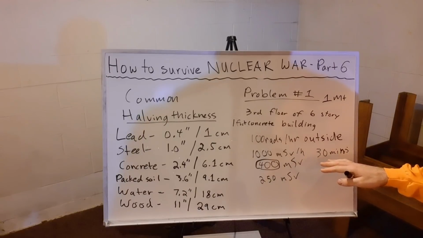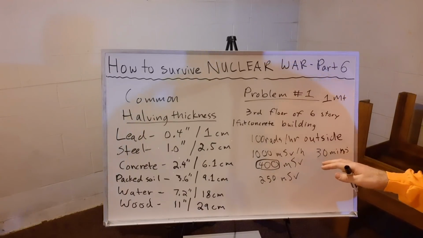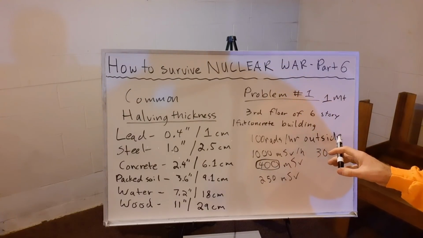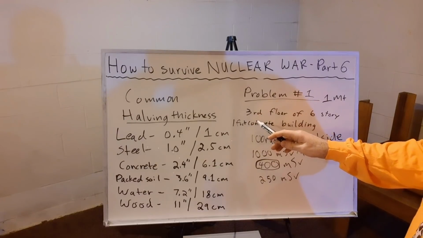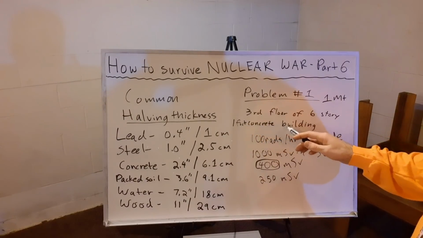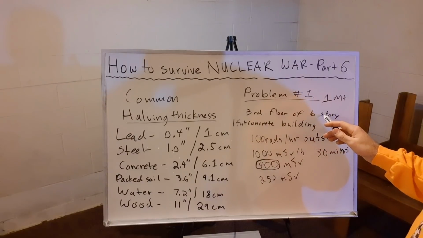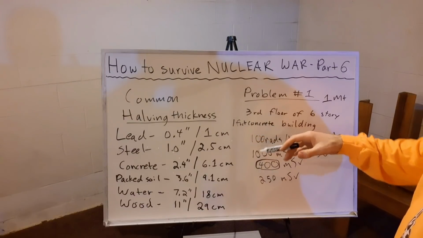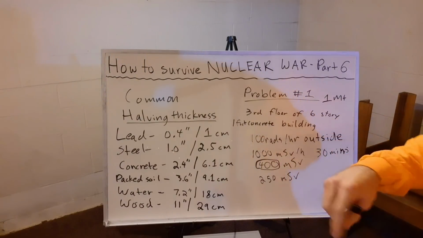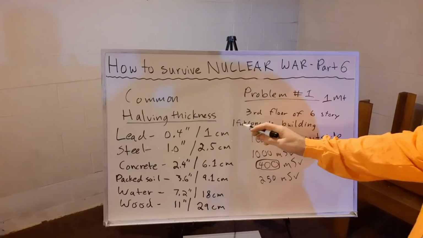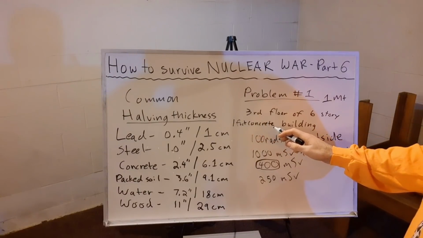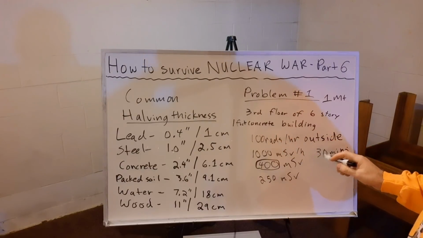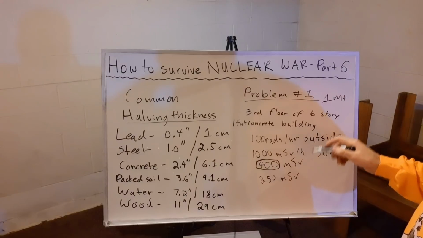So what I want you to do is calculate how much radiation reduction we're going to get if we go into a 1-foot thick concrete building. Let's say we find a 6-story office building that has a 1-foot thick concrete exterior. The walls of the building are made of 1 foot of solid concrete, and we go inside of that building. How much radiation is there going to be once we're inside?